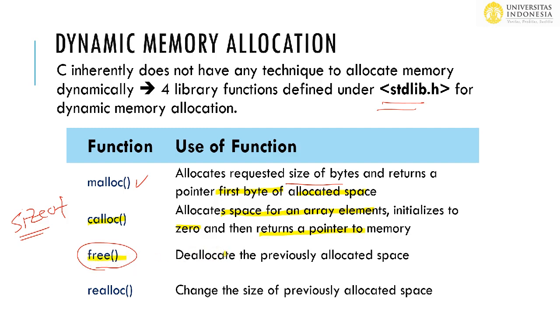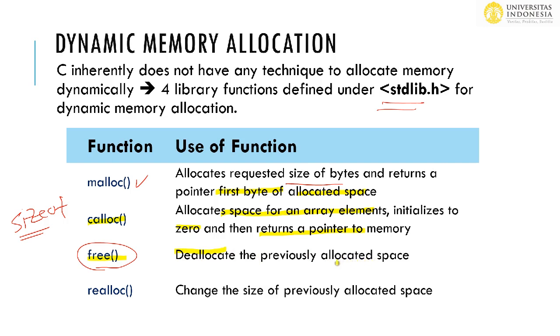As I mentioned before, if you want to use the memory in a very efficient way, then you have to deallocate the previously allocated space which is no longer used, right?